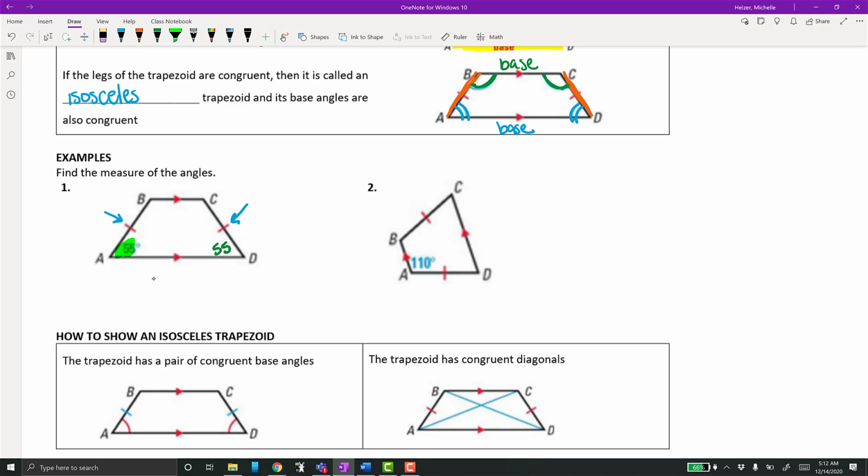So if I call it B, X, supplementary means I can add them to equal 180. So angle B is 125. And angle C is the same thing. Remember, we have an isosceles trapezoid, so this is also 125.